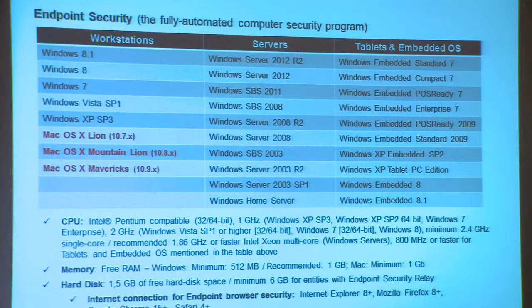You'd need about 512 megabytes of memory for running the antivirus product. By the way, if you're wondering about the resource consumption of the product, or the detection rates, you can go on AV-Test, avtest.com.